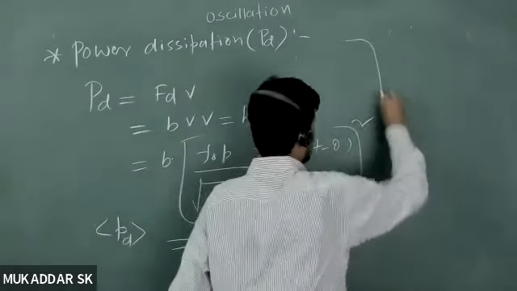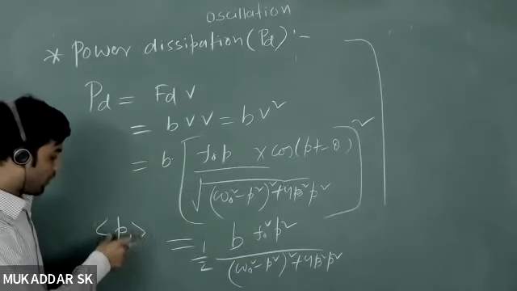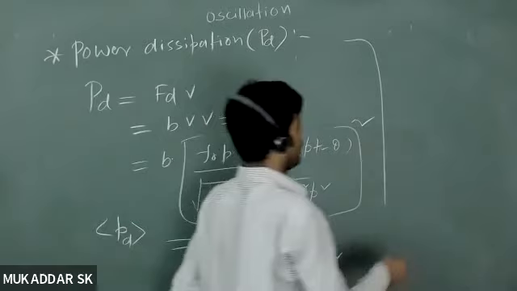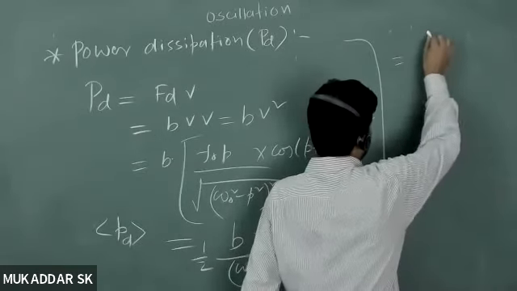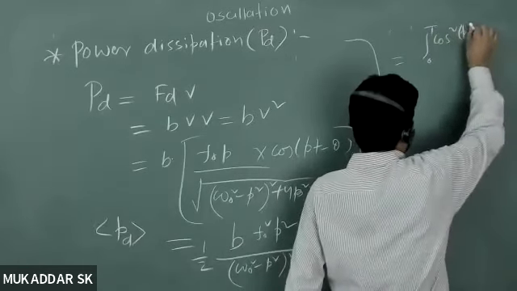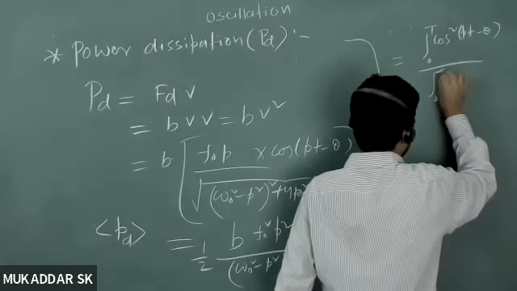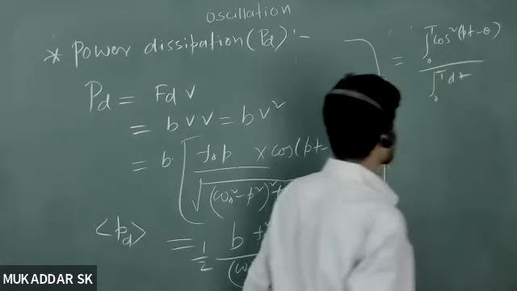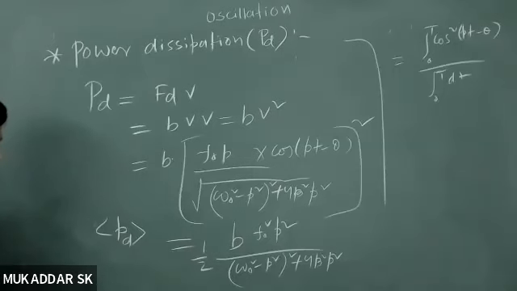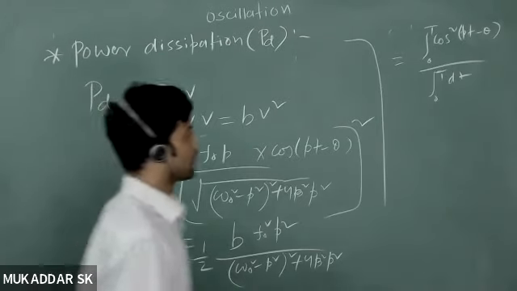Now when you are calculating the time average of power dissipation, you have to take only the time average of cos square pt minus theta. Tell me what will be the time average of this function, integral 0 to T of cos square pt minus theta divided by integral 0 to T of dt.